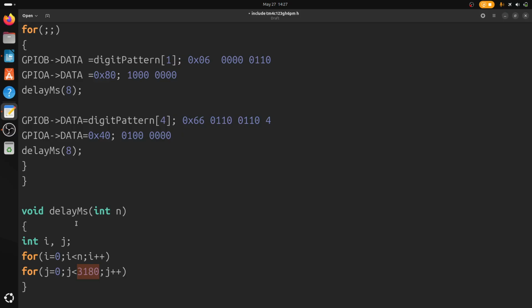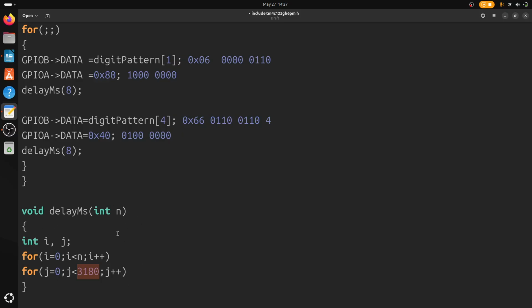After calculation, 3180 is written here. The value of n depends on what you pass: you have written 8 here, so it will pass to n, and as the function gives a 1 millisecond delay, calling it with 8 gives 8 milliseconds.